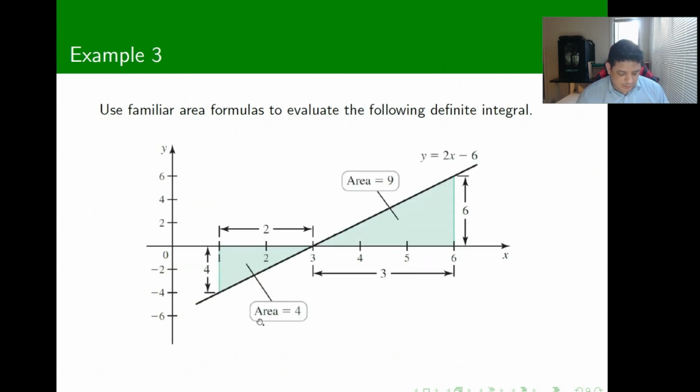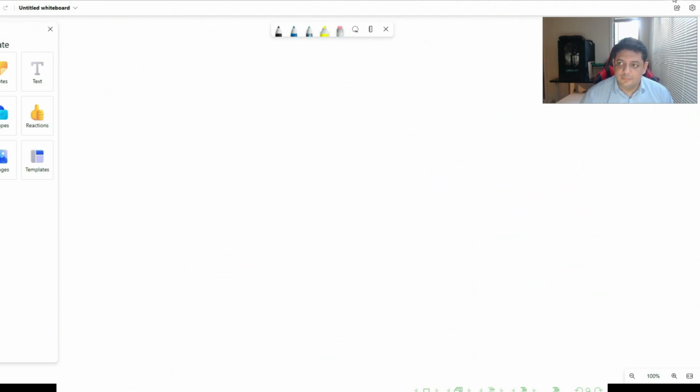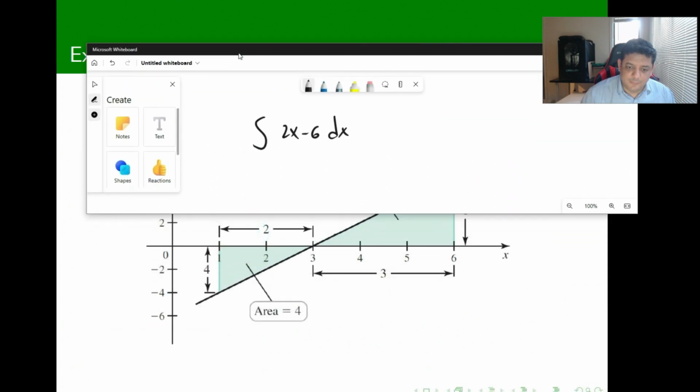Okay, so in this second example, if I take the integral of 2x minus 6 dx between 1 and 6, that is going to be all the positive area minus the negative area, and so it's going to be positive.